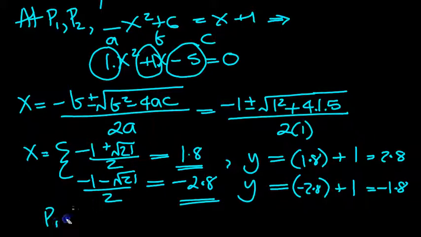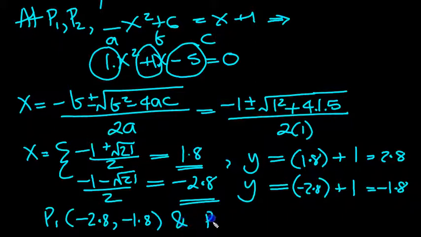So P1 then, we'll call it P1 and P2. P1 was the one with the negative x value. So that was minus 2.8. And the y value in that case is minus 1.8. And P2 has the positive x value, 1.8. And the y value was positive then at 2.8.